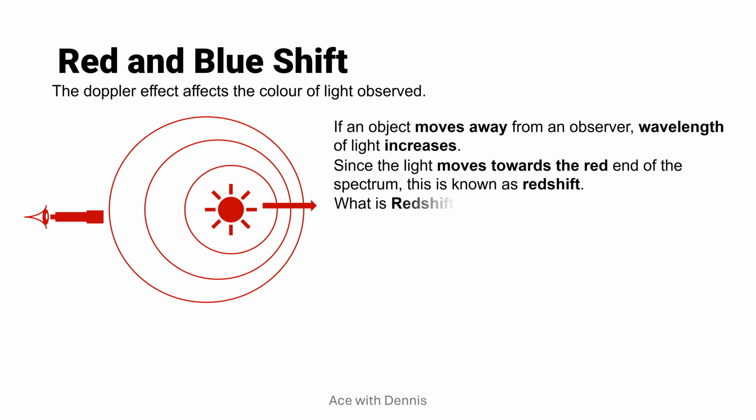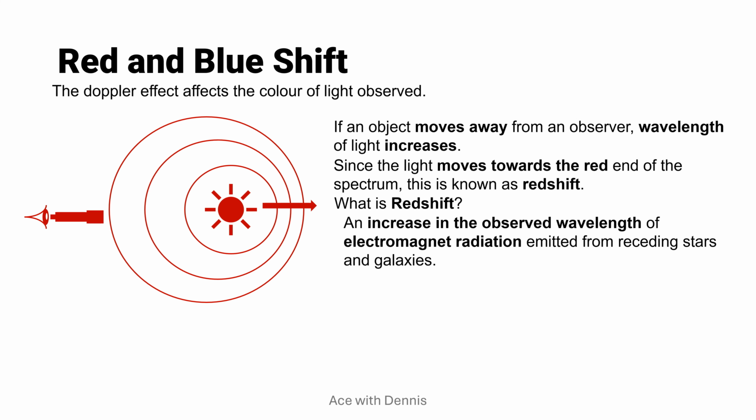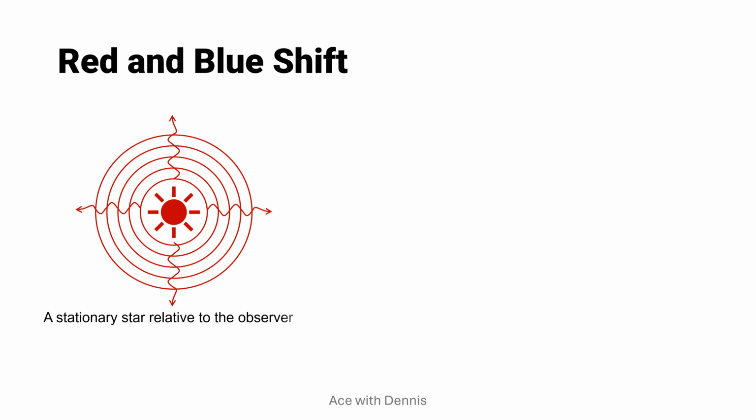Now the question is, what is redshift? It is an increase in the observed wavelength of electromagnetic radiation emitted from receding stars and galaxies. Now, let's look at this diagram. This is a stationary star relative to the observer.